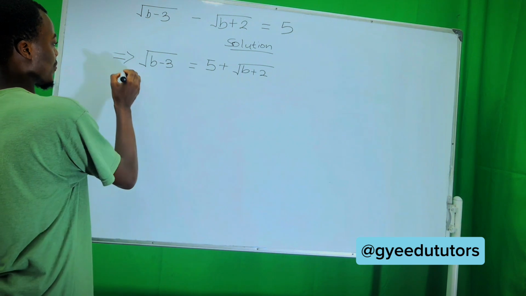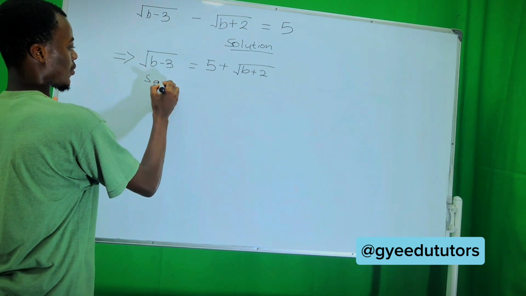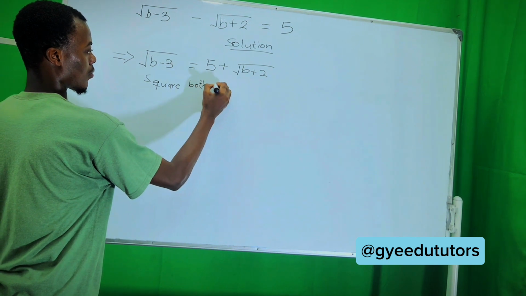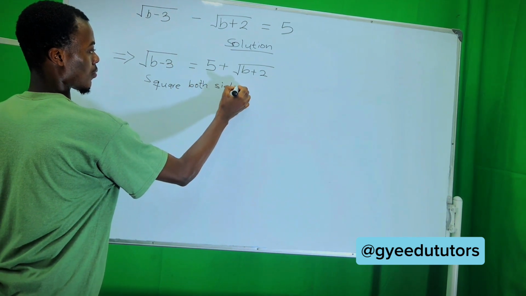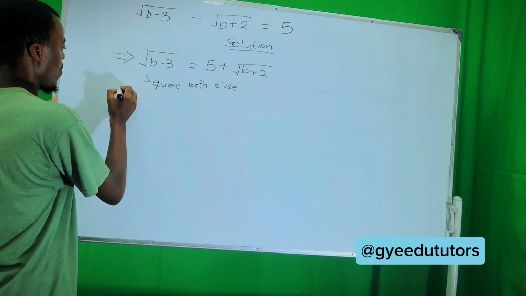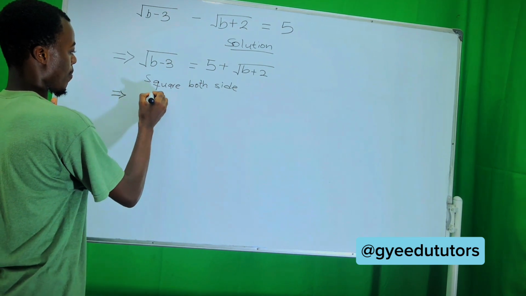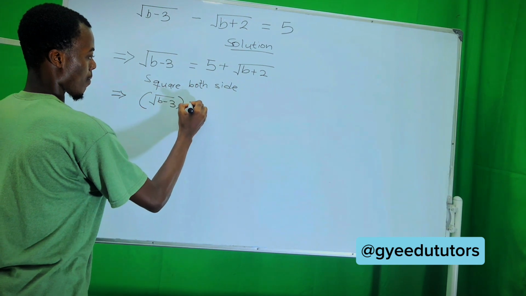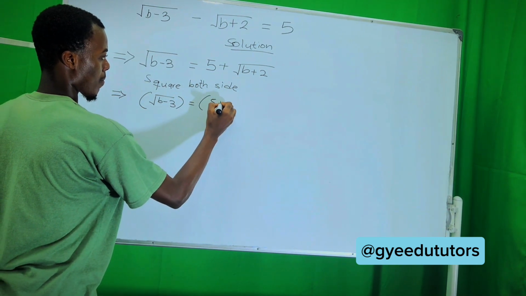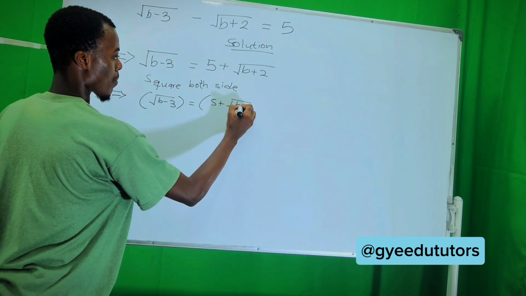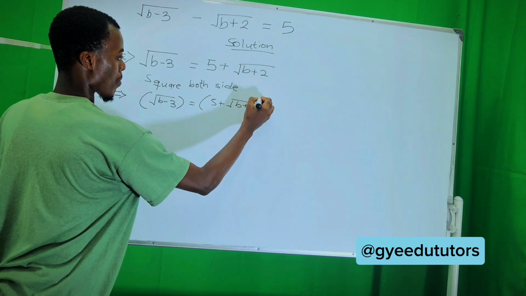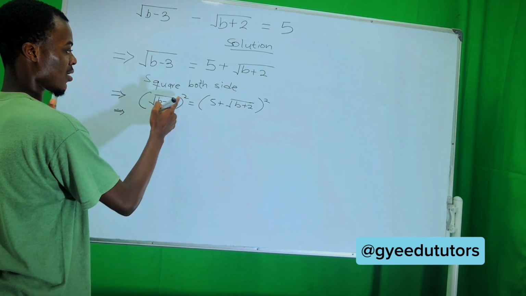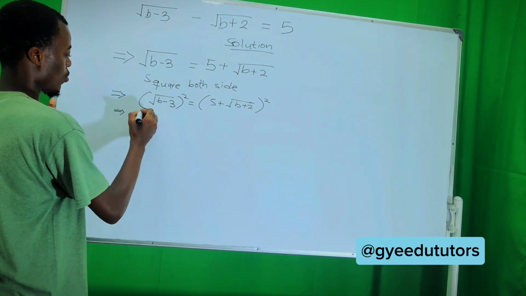When you get to this side, you square both sides. So now, when you square this side, just to cancel the roots, so we have what?